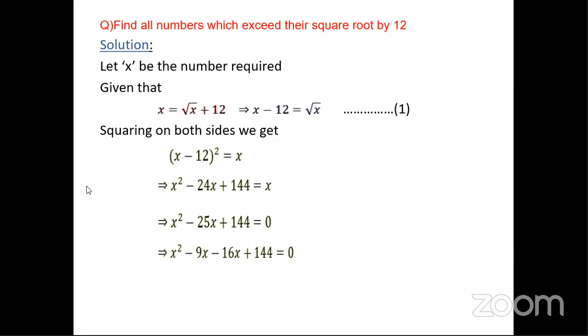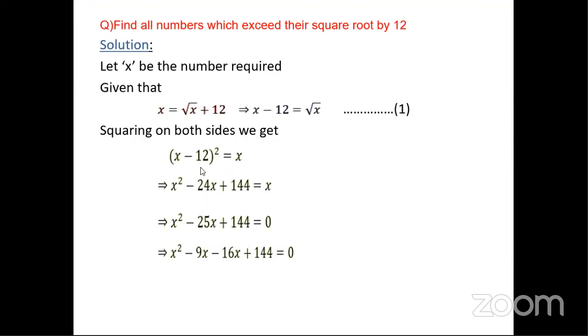Right, children. We will just continue with equation number 1. x minus 12 is equal to root x. This equation, we are squaring on both sides. Now, x minus 12 whole square is equal to root x whole square, which is x. So x minus 12 whole square is equal to x. x minus 12 whole square is looking like a minus b whole square.